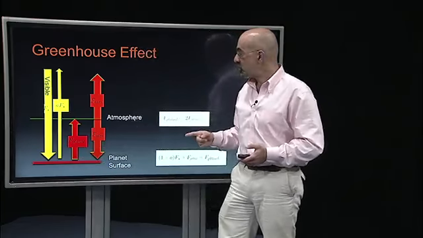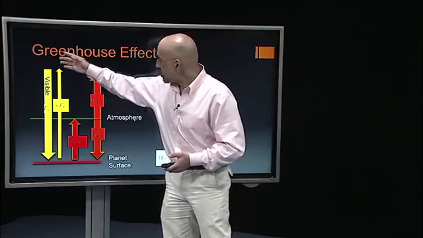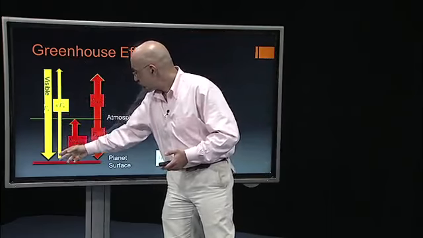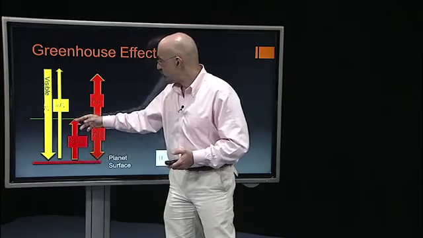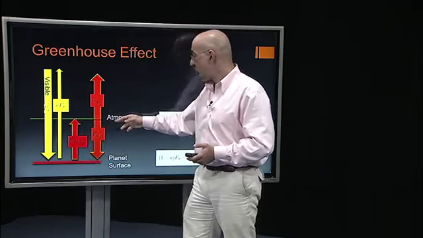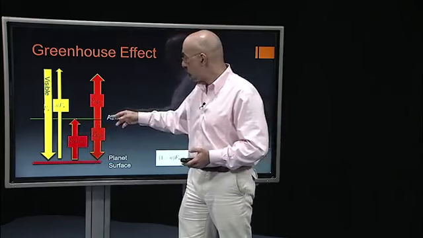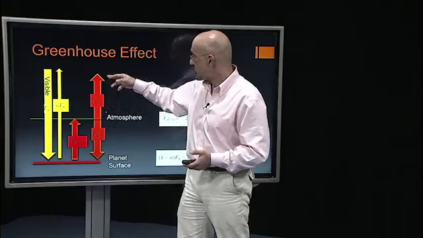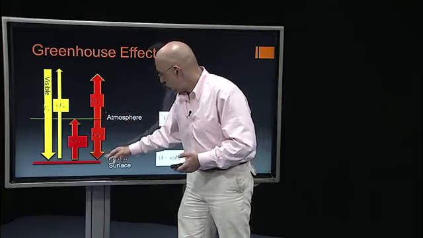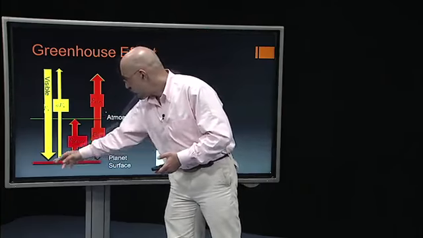So let's start with this example here, where the energy flows in from the star. The energy from the planet strikes the atmosphere, is absorbed entirely by the atmosphere, and then half the energy absorbed by the atmosphere is emitted out to space, and half goes back down to the ground where it's absorbed.